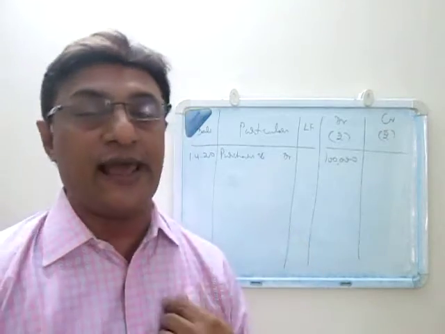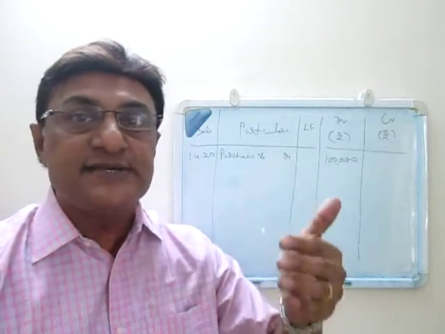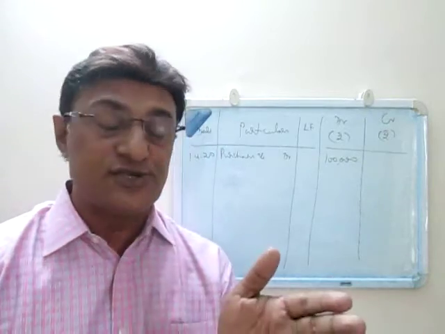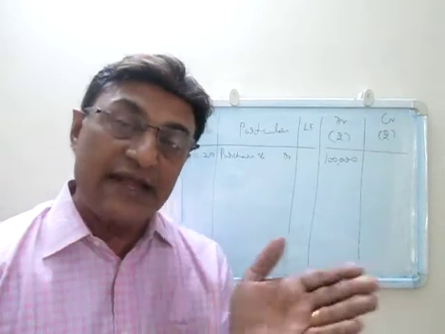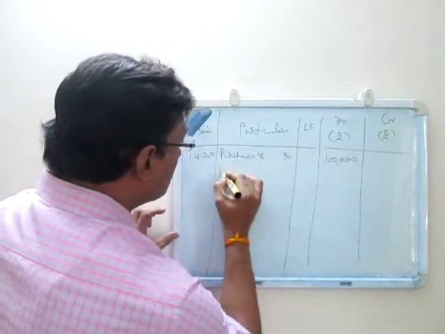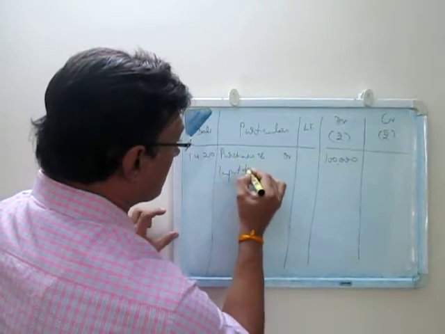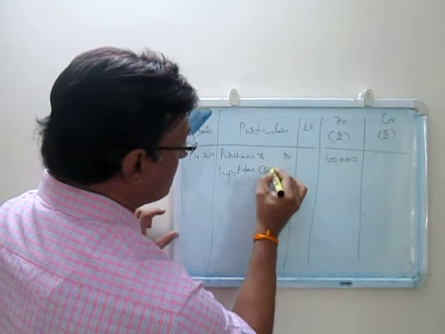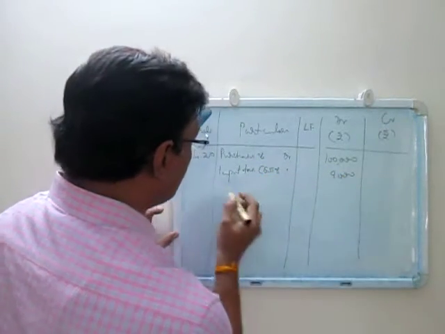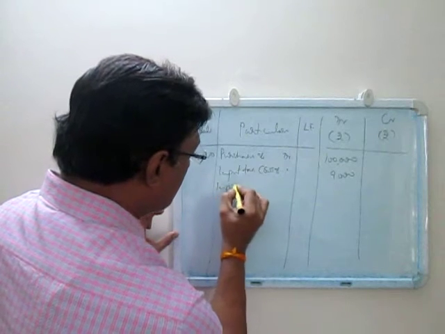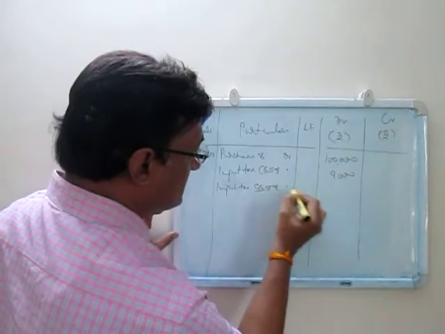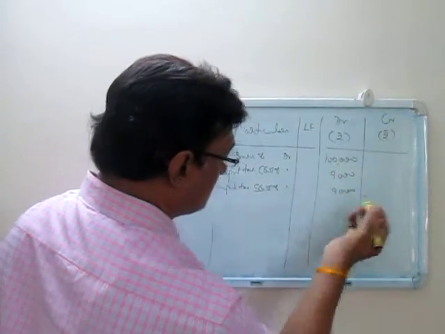Now on the 1 lakh, the tax is 18%, split up as 9% CGST and 9% SGST. So you would call it input tax CGST account debtor 9,000, input tax SGST account debtor 9,000.